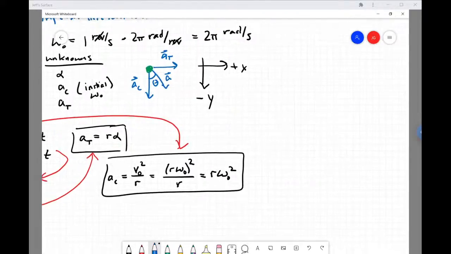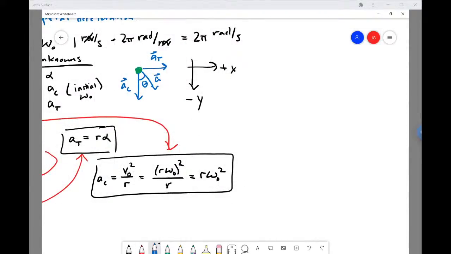Let's go over here. And so AT plus AC is going to equal A total. If I write this in unit vector notation and I use these axes, the x component of the total acceleration is A sub t.